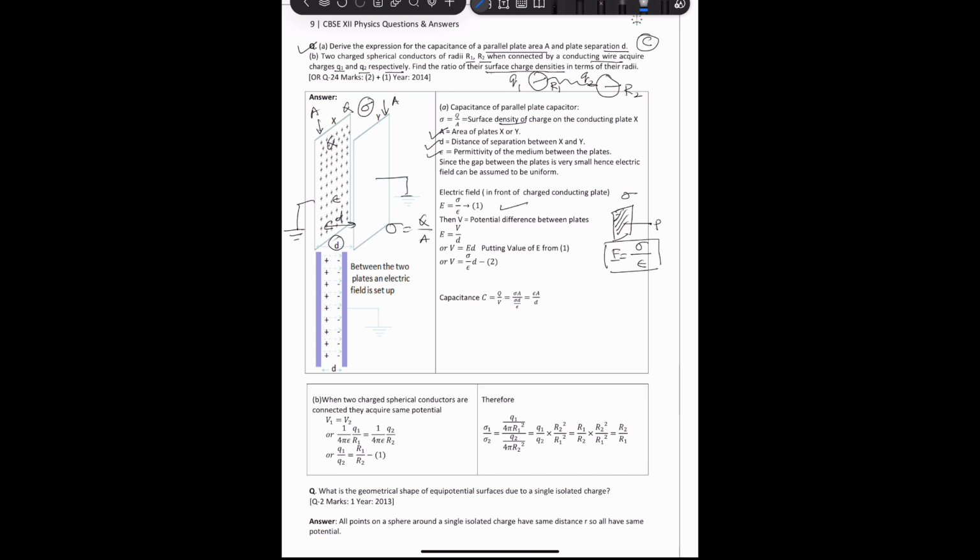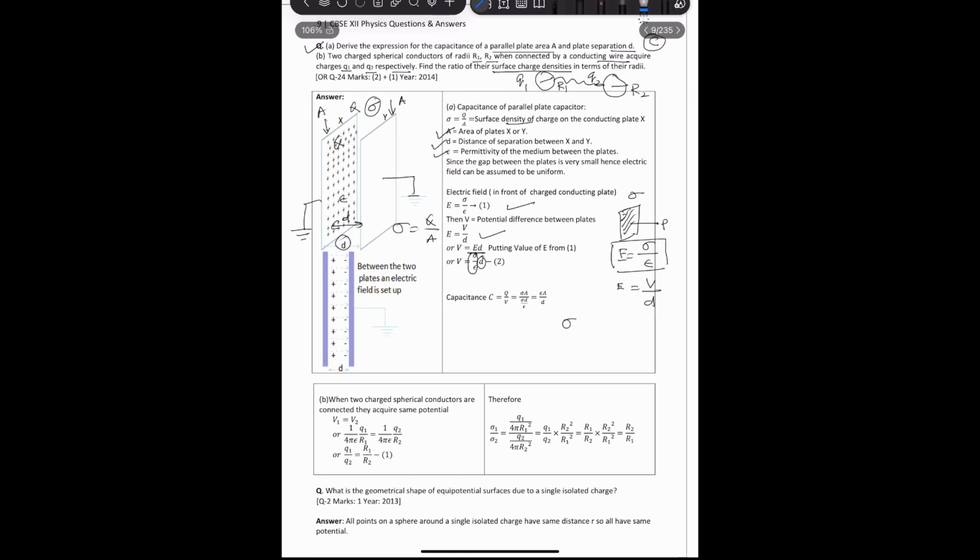Now intensity is potential gradient, means potential by distance. So potential means intensity into distance. So we know the intensity, we know the distance. Now what is sigma? Sigma is the charge per unit area.